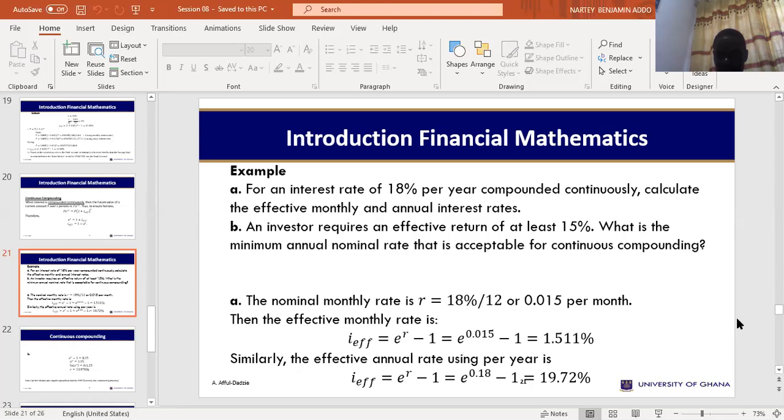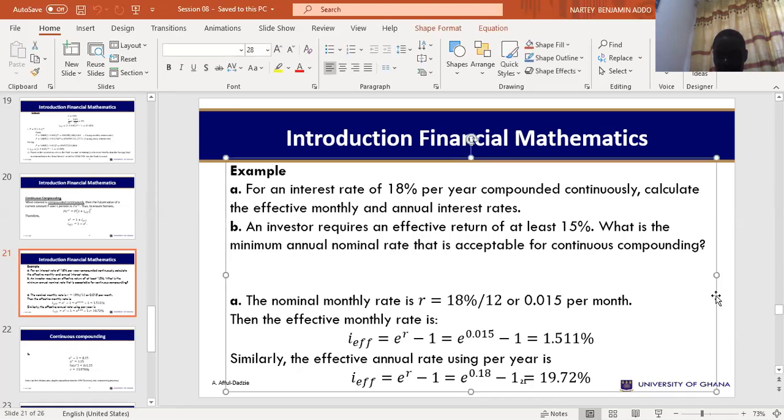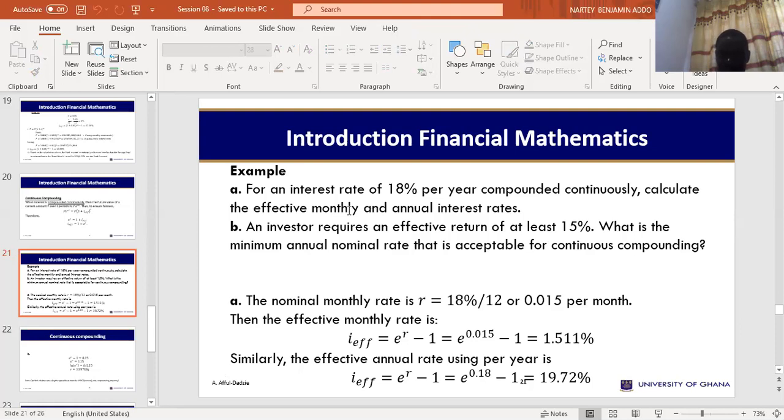So here, the nominal rate is 18%. Because it's monthly, they said they want the monthly effective. What is effective on monthly basis? So that will be 18 over 12, and that will give you 1.5%, right? So when you convert to decimal, that's over 100, will give you 0.015.